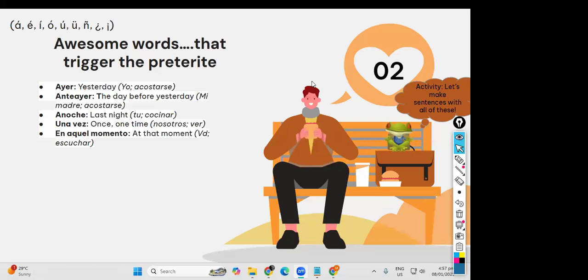Now, what kind of verb is this? It has that se at the end. So that tells us it is a reflexive verb, right? This is just a reminder. And we also remember, because we've used acostar, some of us before, right? That this is stem changing O to UE, right? All right, we're using the words in brackets to make a sentence with ayer. So I've given you yo and acostarse. So I want to say yesterday I went to bed, and then finish it off with some thoughts in Spanish.